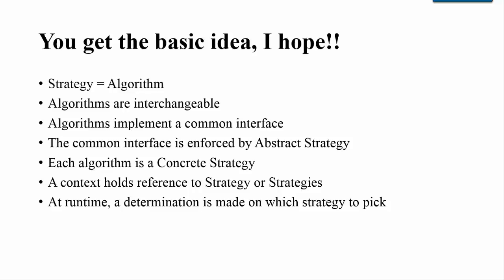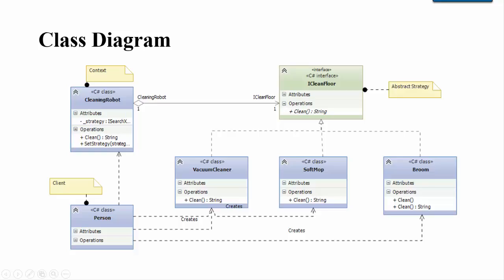At runtime, a determination is made on which strategy should be picked for a particular job. So again, all these bullets represent the scenario that we just discussed, but they are applicable to object-oriented programming and the strategy design pattern in the context of object-oriented design.